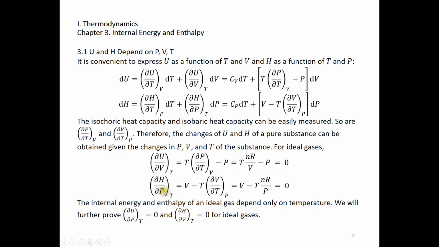Delta H over delta P is V minus T times delta V over delta T. For an ideal gas, delta V over delta T is simply nR over P. Now we have V minus nRT over P, that's just 0 as well. So really for an ideal gas, we just showed that delta U over delta V is 0 if temperature is constant. Delta H over delta P is also 0 if temperature is constant.